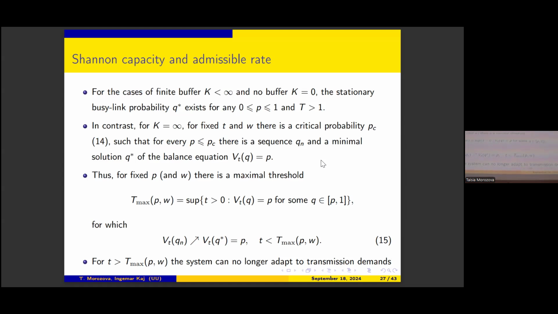The meaning of this t max is that your system works for any t less than t max, and whenever you exceed t max, it means physically that the system cannot adapt to transmission demands anymore, so you will probably experience large delays and some other problems.